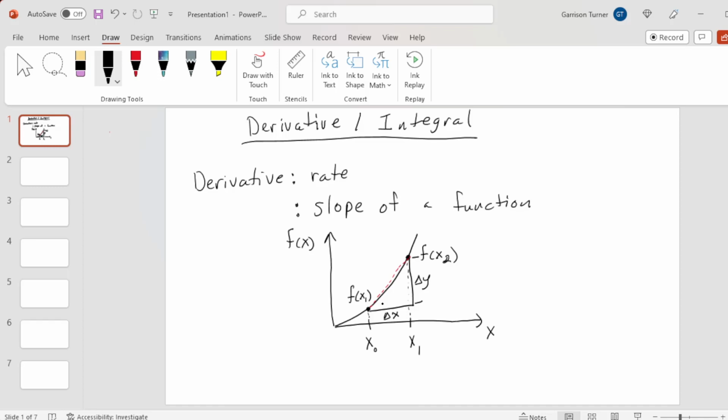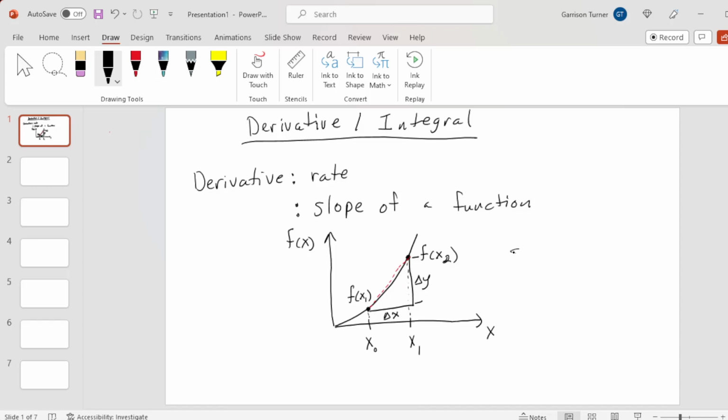Then the wider delta x is, or the farther apart x0 and x1 are, the less accurately the red dashed line will fall along the black curve that actually represents the function.